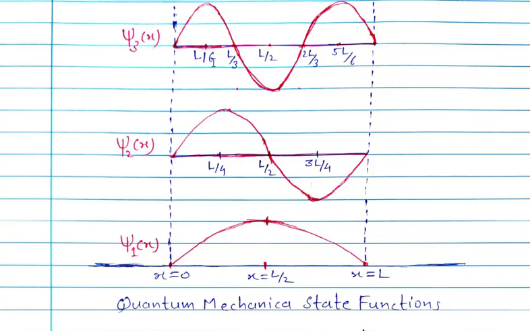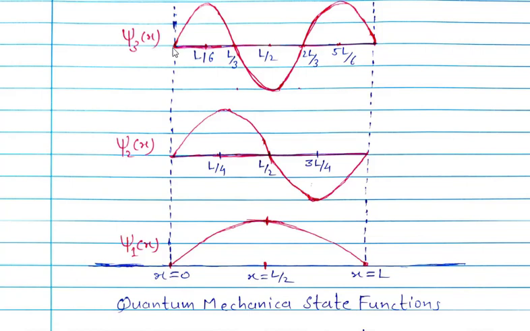At L by 6, the value of sine comes out to be positive. At L by 2, sine of 3 pi x by L comes out to be negative, and at 5L by 6, sine of 3 pi x by L comes out to be positive.